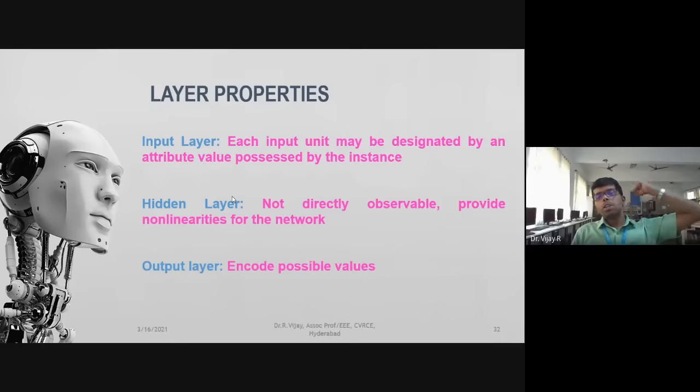Someone has to give the input. I will be programmed so that if I am given 1, I lift my hand like this. If the input given is 2, I take my mobile phone. If the input given is 3, I lift my hand in front of me. Like that, I will be programmed.